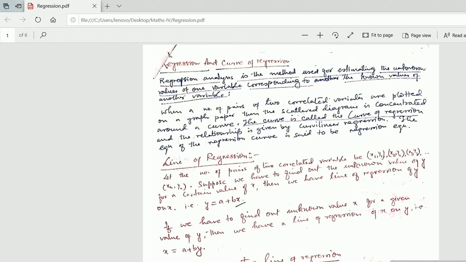The term regression was first used by Sir Francis Galton, a British biometrician, in connection with the height of parents and their offsprings. He found that offsprings of tall or short parents tend to regress to the average height.